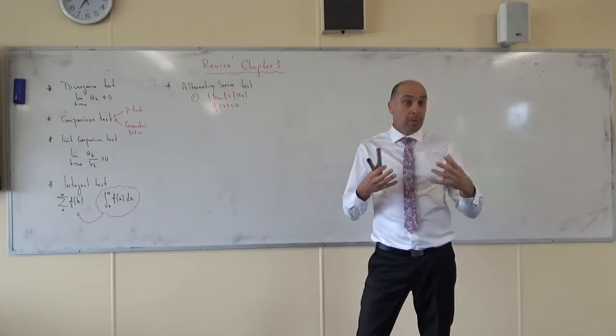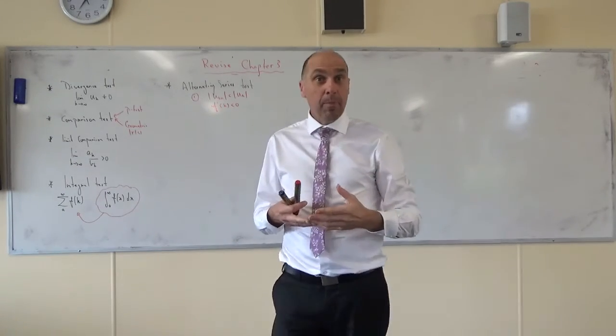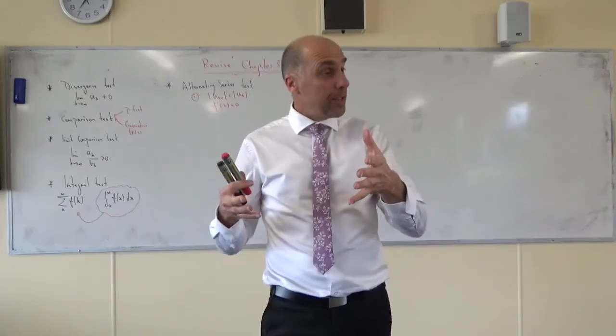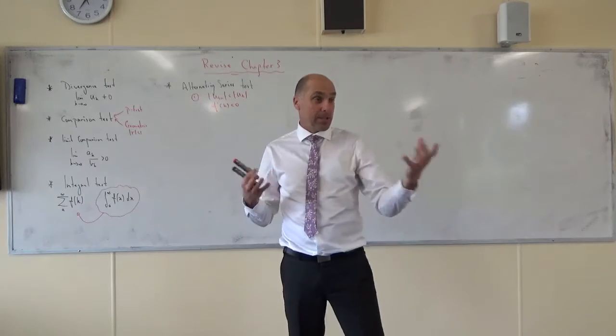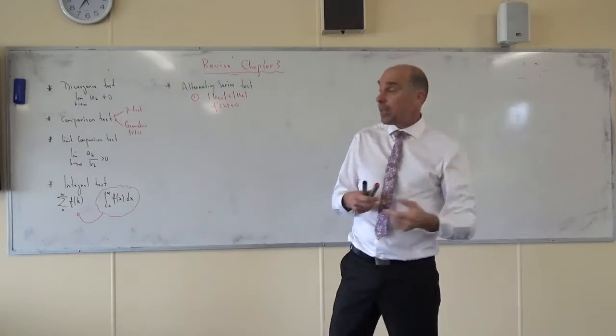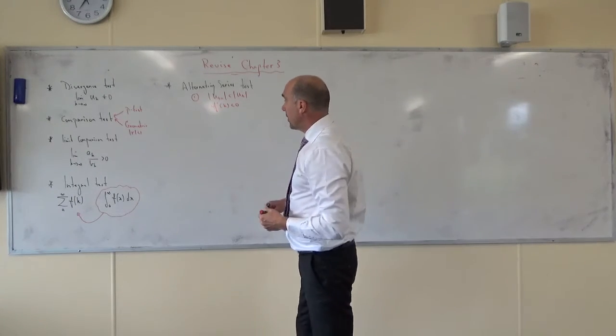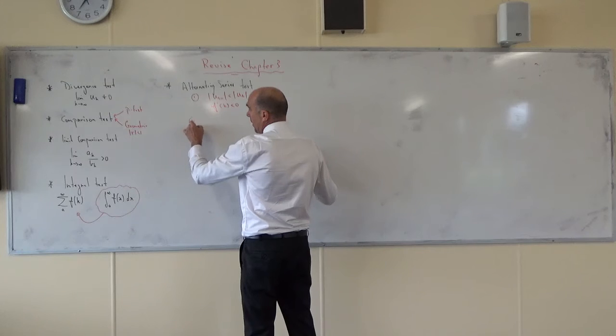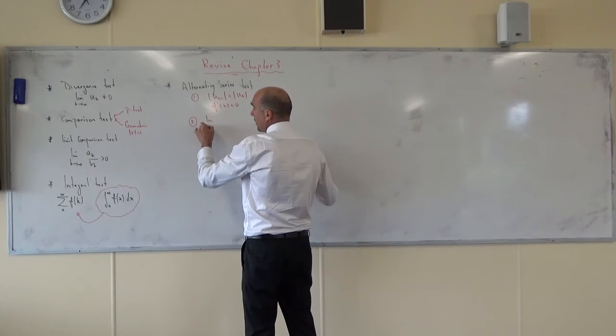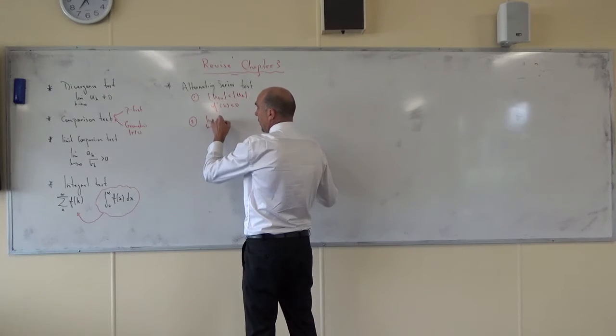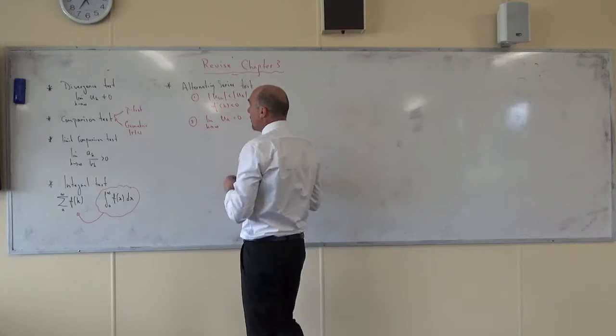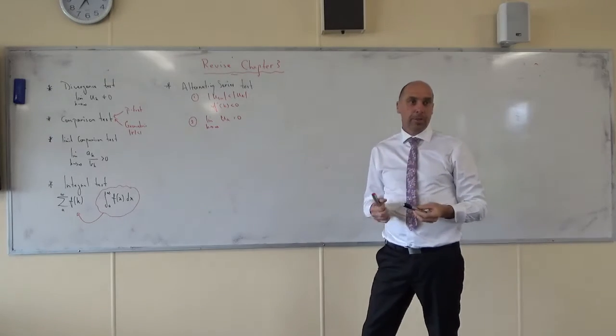So we could find the derivative of that sequence expression and show that it's always less than 0. So it's always decreasing and positive. And what's the second condition? Does the limit as k approaches infinity of uk equal 0? So they're the two conditions for the alternating series test.